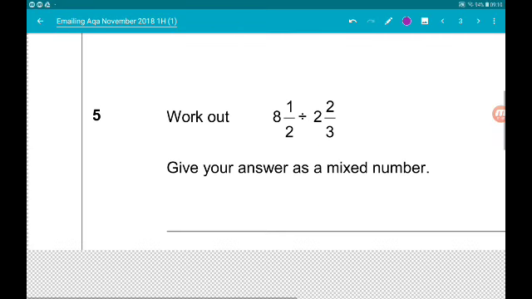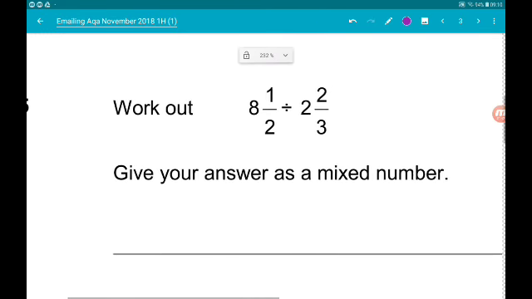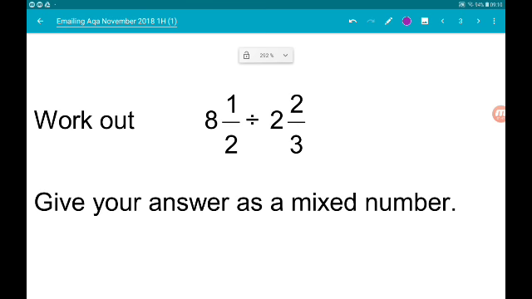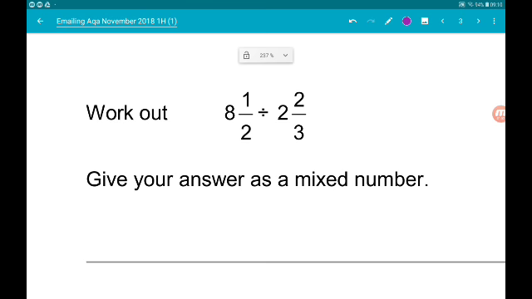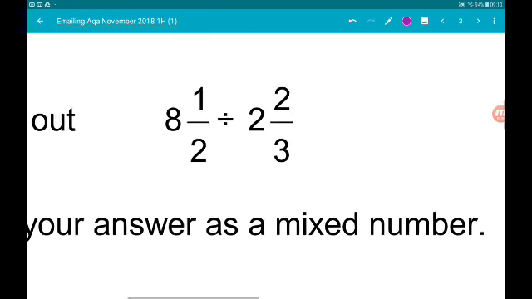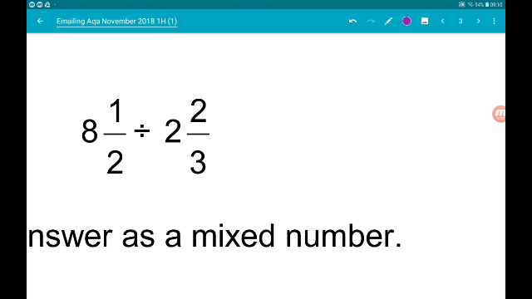Okay, number 5. Work out 8.5 divided by 2 and 2/3, giving your answer as a mixed number. Okay, so the first thing we need to do is turn each of these into an improper fraction. To do that, we multiply the bottom of the fraction by the whole number.